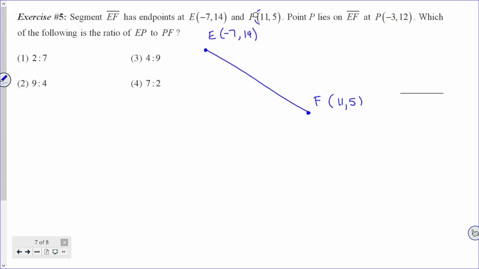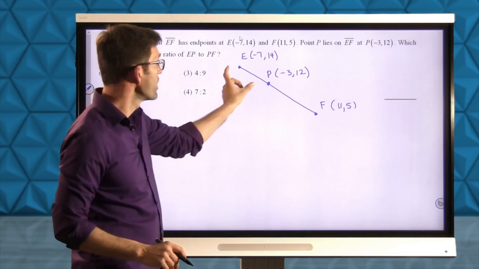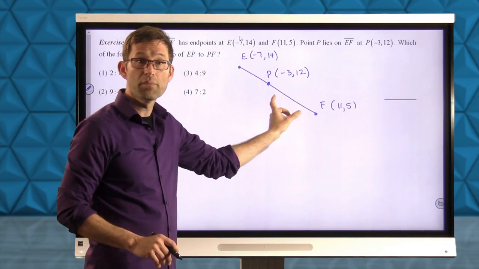Kind of looks like that. And they tell me that P lies on here at (-3, 12). I don't know, maybe right here. So P at (-3, 12). Again, I'm assuming that we don't have graph paper on this. So there we go. And now what it wants to know is the ratio of EP to PF.